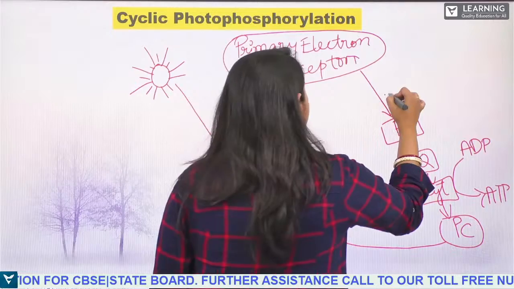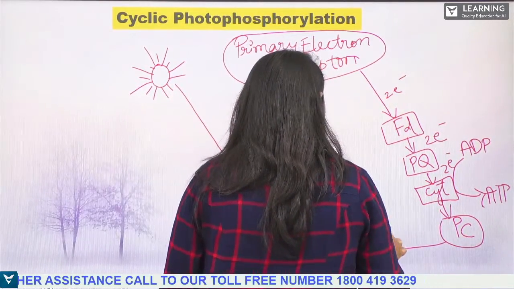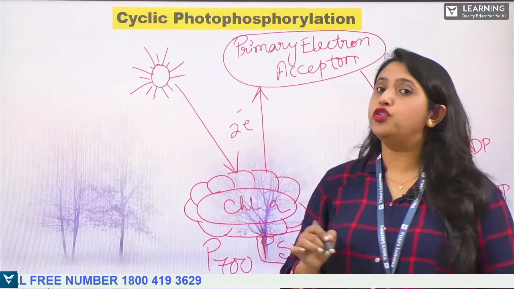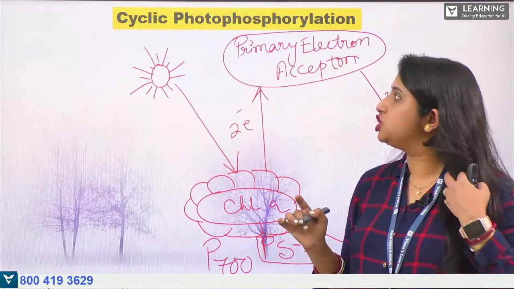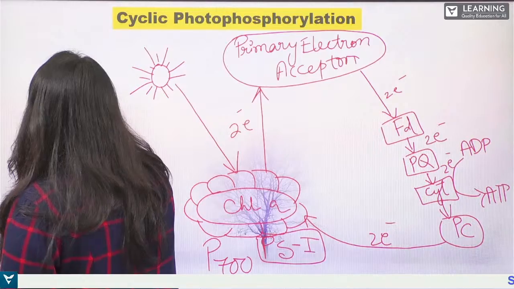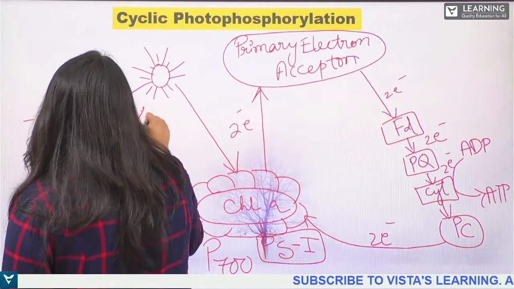So this is the cyclic photophosphorylation, where you will find no photolysis.